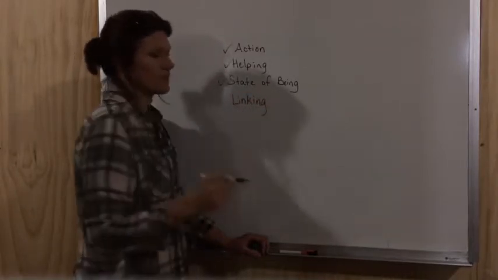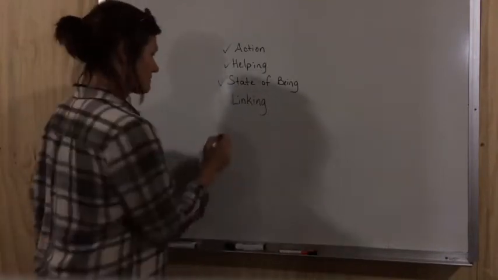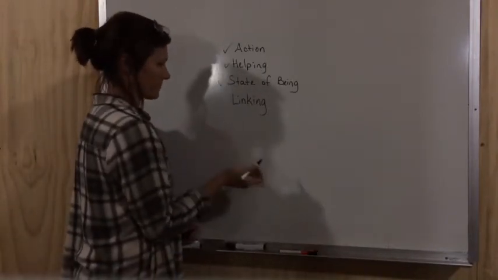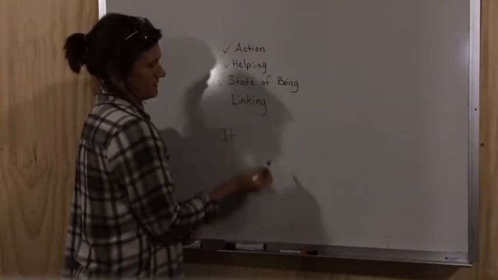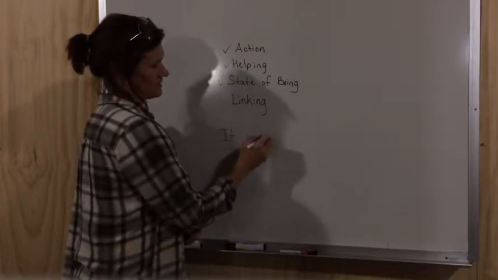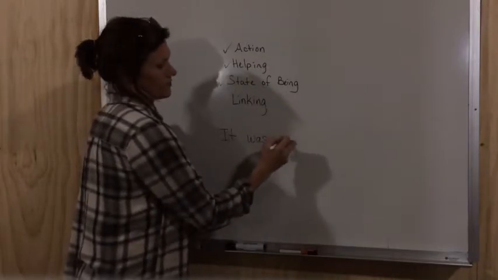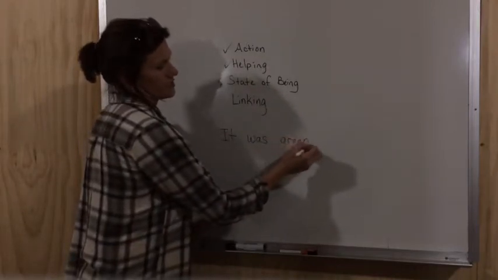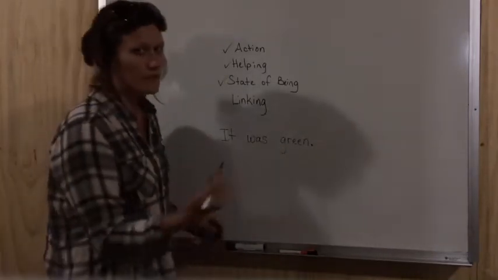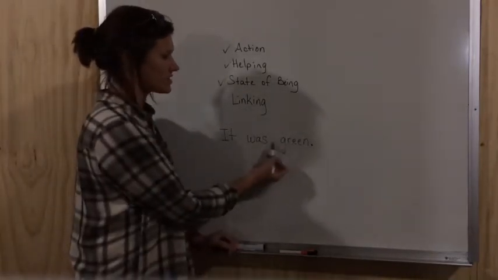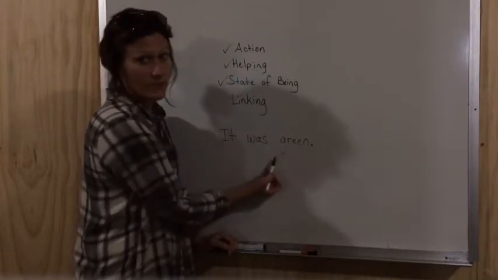Okay, and then we've got linking verbs. Linking verbs link the subject. For example, it was green. Green is an adjective, right? But remember, we talked about green is an adjective, but it's not describing anything in the predicate.